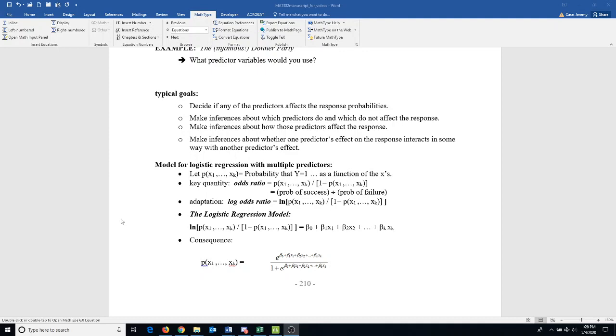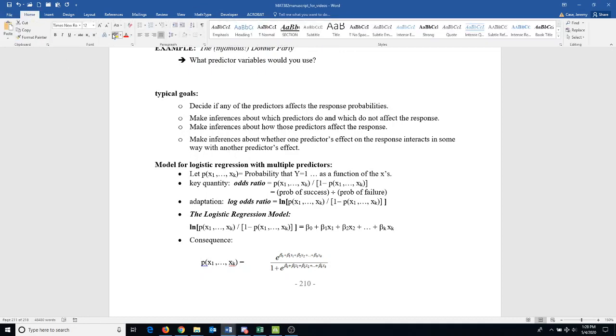And we could take the natural log of the odds ratio and fit a logistic curve. So we take that natural log of the odds and we get this expression, which is a regression model. And the solution then turns out to be that our probability is the exponential of that over 1 plus the exponential of the logistic curve.